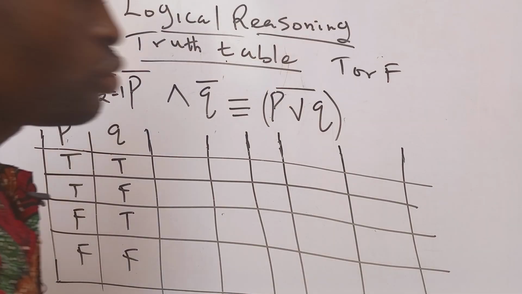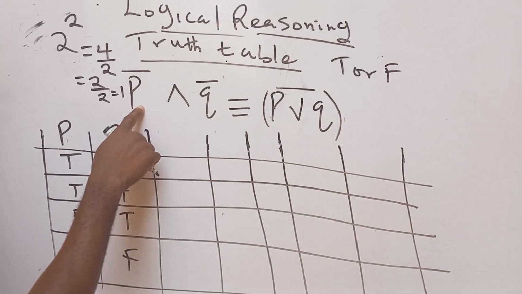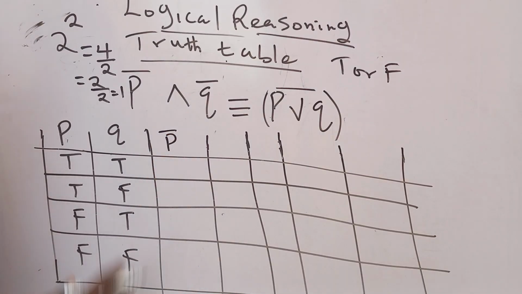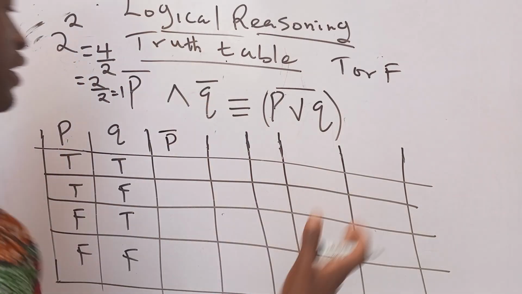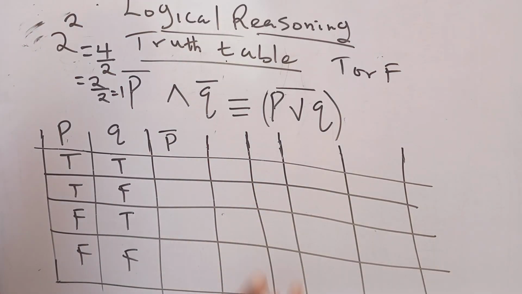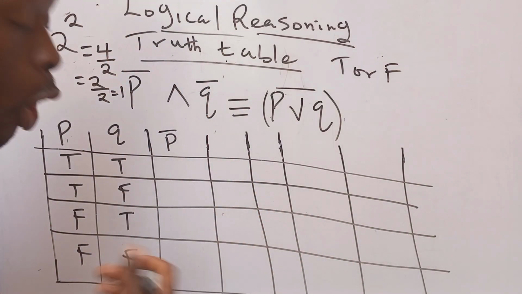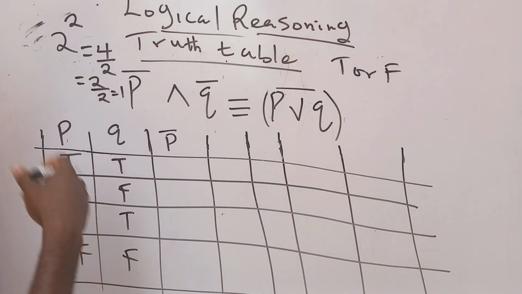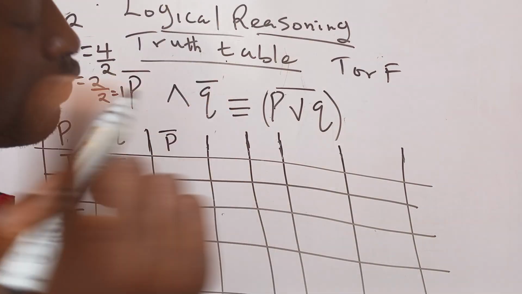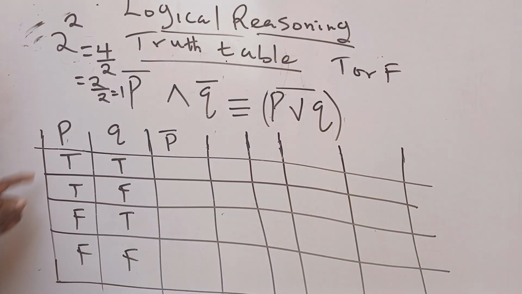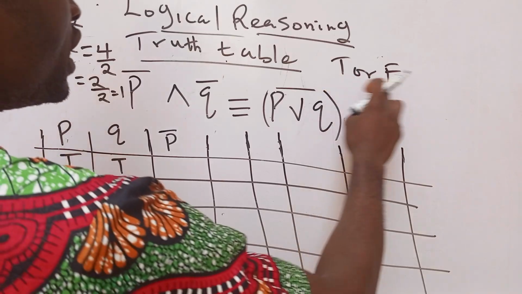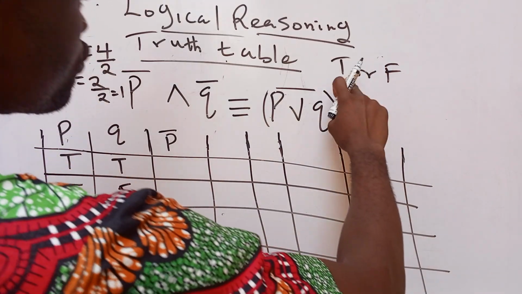The next thing we're going to look at is how to find negation P. What is negation P? Negation P is the opposite of P. The opposite of a logical statement is called negation or not. For example, the opposite of go is come and the opposite of come is go. So what is the opposite of true? The opposite of true is false and the opposite of false is true.